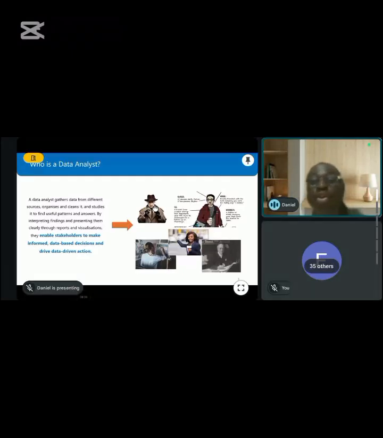You need to be able to paint a picture to your stakeholder. You need to be able to share your insight in the easiest way, in the most simplistic manner, so that anybody is able to look at this visual and have an understanding of what you're trying to say to them and the action or the response you want them to take.